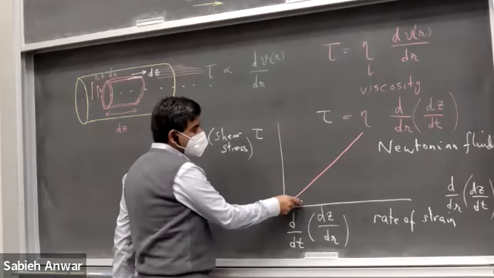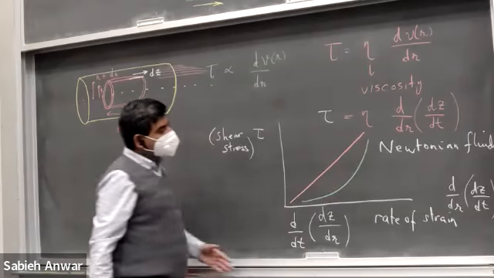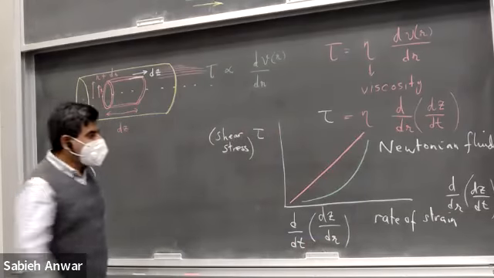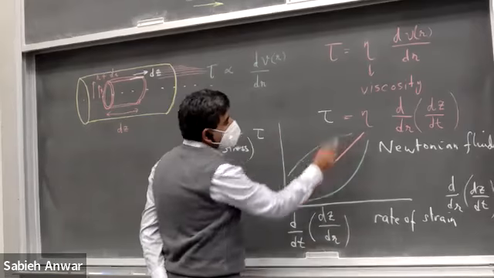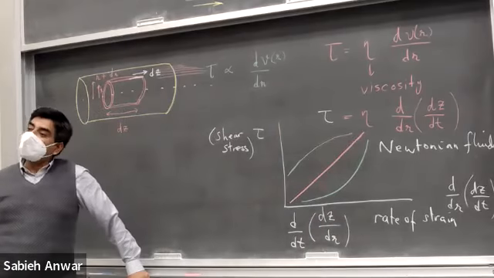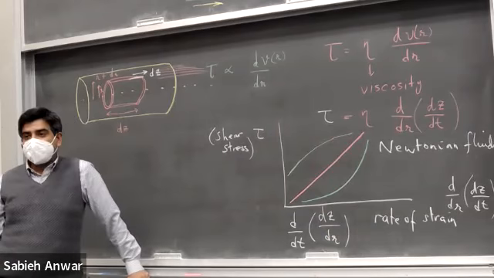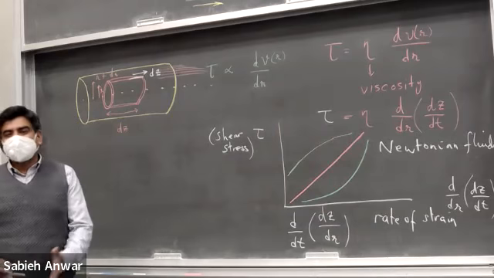You can have objects in which the slope goes up as you apply more strain. You can have objects in which the slope goes down as you apply more strain. So you can have shear thickening and shear thinning objects, like ketchup. You apply a little bit of stress, it doesn't flow.